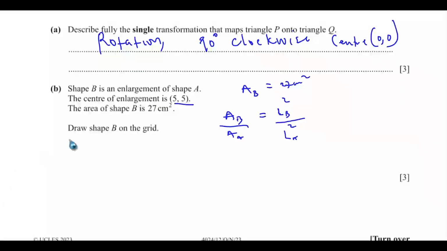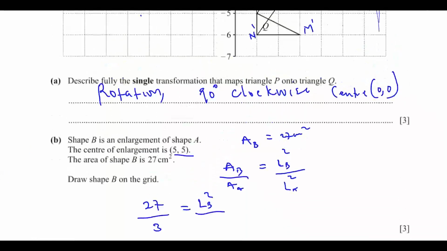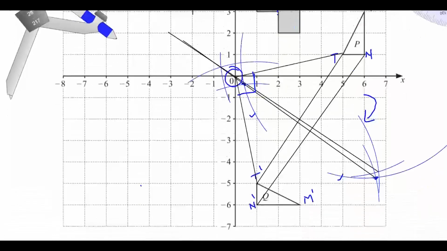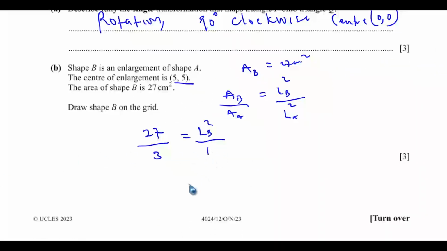Okay, so let's key in the values. The area of shape B is given as 27, so we have 27 over the area of shape A, which is found to be 3, equals LB squared over LA. We don't know LB, and LA is 1 centimeter, so let's put 1 here. 27 divided by 3 is 9, which equals LB squared.